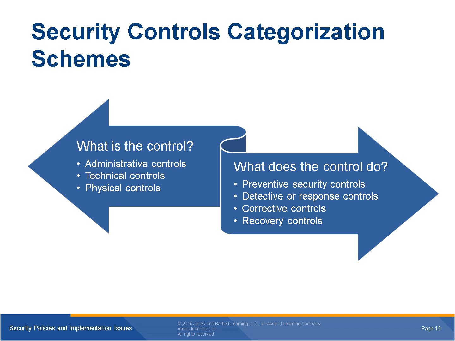Detective or response controls act like alarms and warnings. These controls kick in after an incident begins. Examples include motion detectors, log files, and files that contain system audit information.